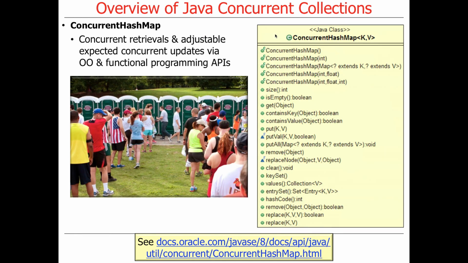Another example, which you'll get more practice with, is concurrent hash maps. Concurrent hash maps are special hash maps that are super optimized to allow concurrent reads. If you have multiple threads reading from a hash map, they can all proceed without really any locking overhead at all. It also has adjustable expected concurrent updates.